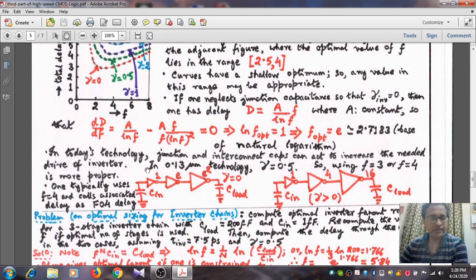So one typically uses F equal to 4 and calls the associated delay the FO4 delay. Why FO4? FO4 means fan out factor of 4. Suppose you allow a 3-stage inverter chain: the first stage will be size 1, the next stage size 4, the next size 16, and you finally drive the C load. In the earlier days, if gamma equal to 0, it would be 1, e, e square, something like that.